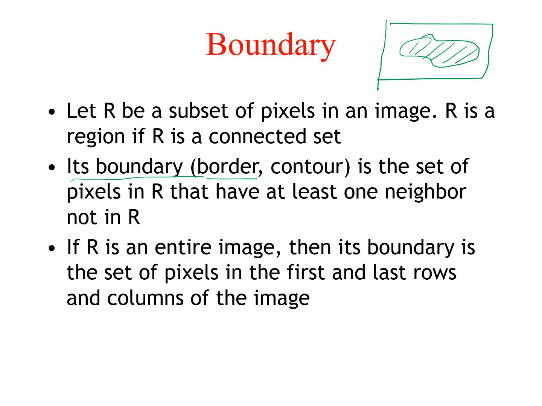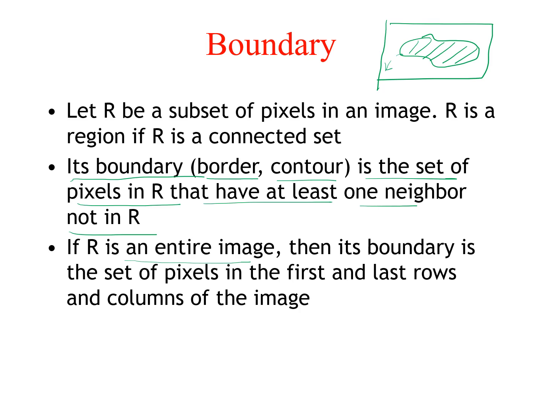Its boundary or border or contour is the set of pixels in R that have at least one neighbor not in R. So what I said before, if you take any pixel here, at least one neighbor of this pixel will be outside the region.